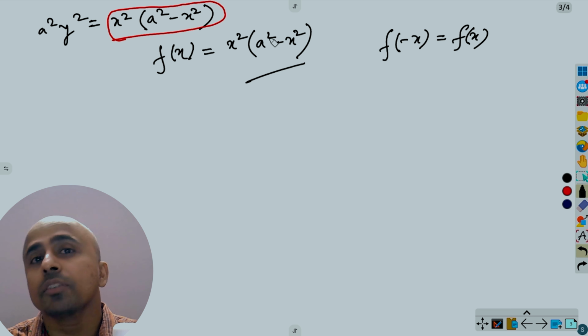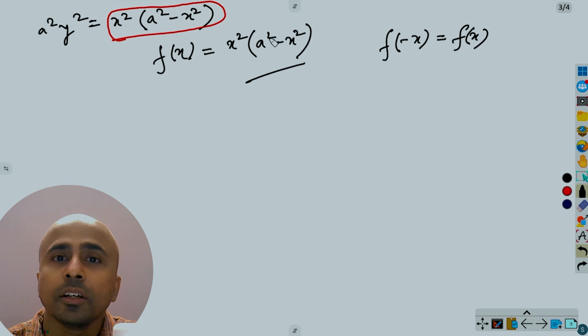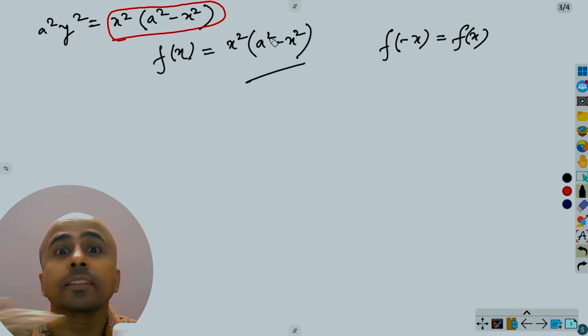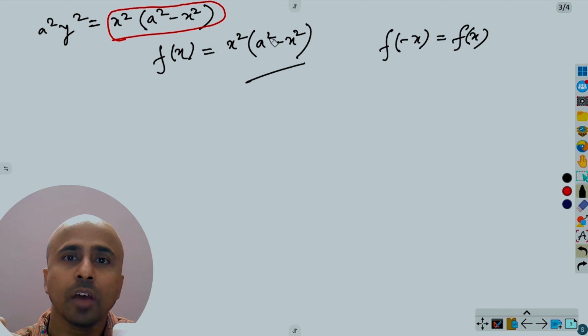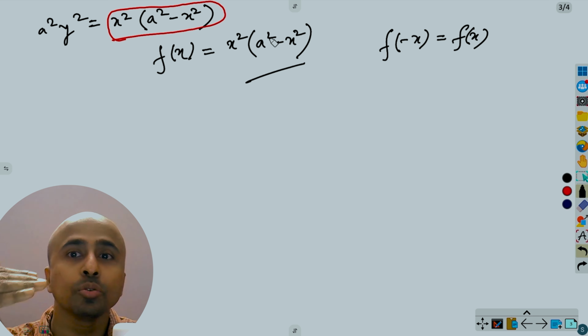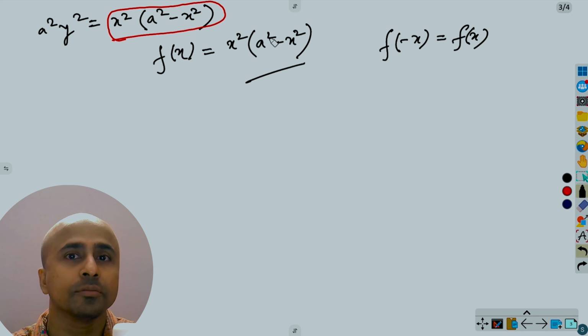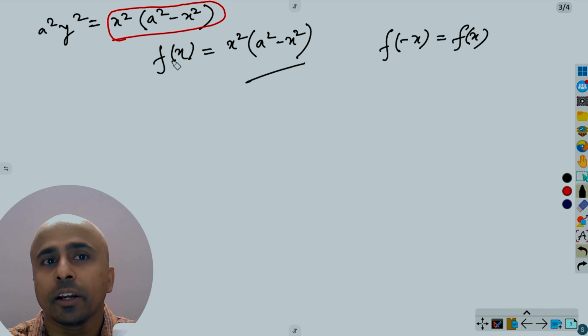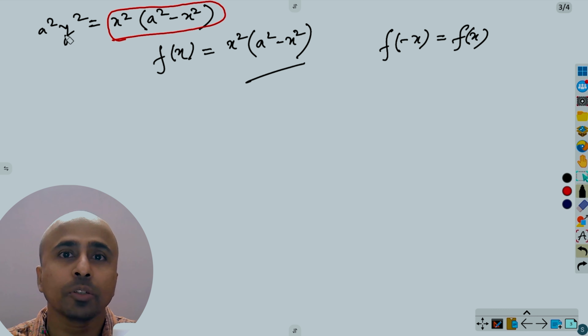What is the significance of an even function? This means that this curve is symmetric with respect to the x-axis. Whatever it looks like above the x-axis also looks the same below the x-axis. On top of that, you can conclude the same thing about this curve with respect to the y-axis. This curve is also symmetric with respect to the y-axis.